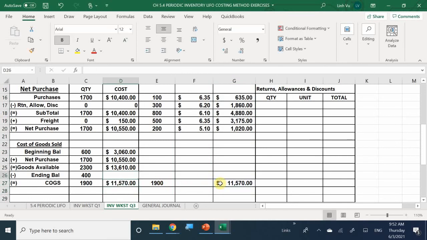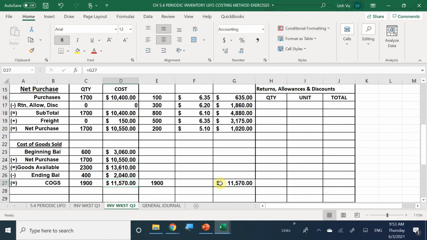Therefore, what should be my ending inventory? $2,040, right? Or 400 times 510, which should give you the same answer.